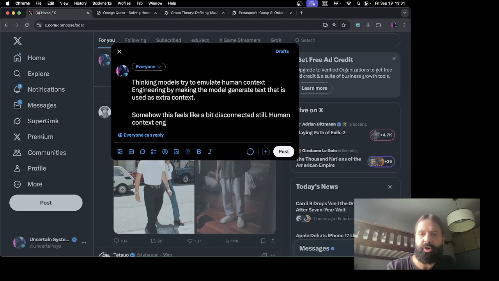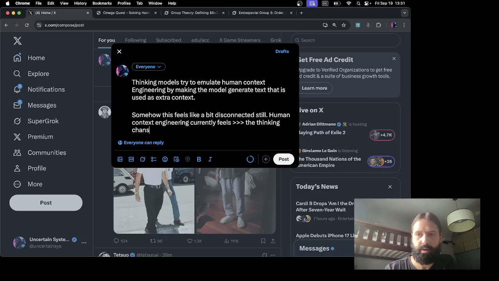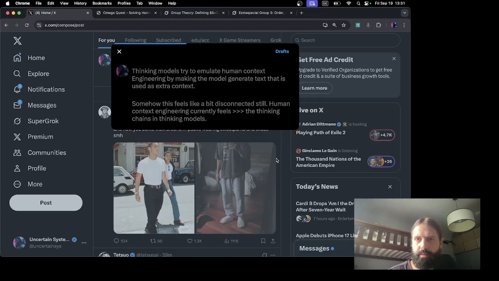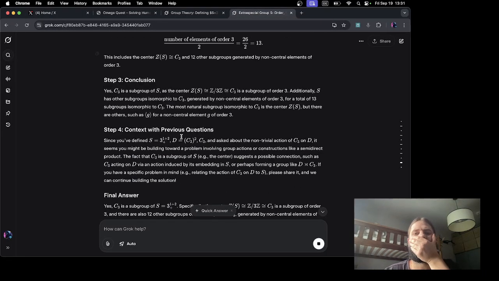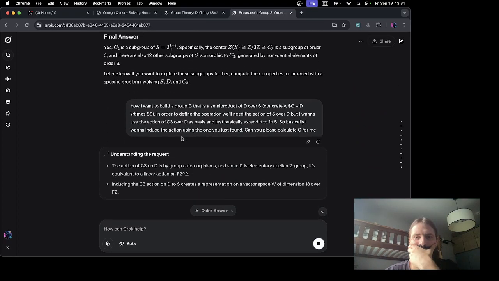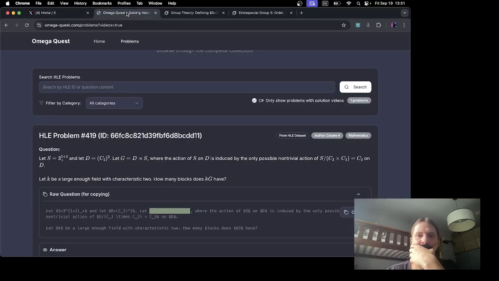Human context engineering currently feels better than thinking chains, thinking models.